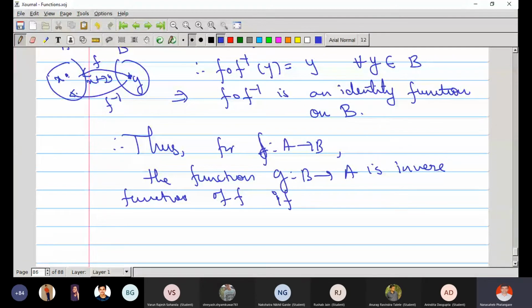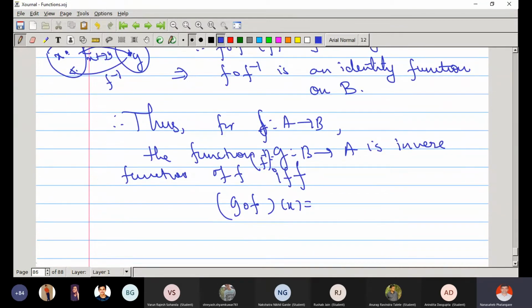G is the inverse of f means G composite f of x, or f inverse, because the notation is whatever. So G is the inverse of f if and only if G composite f of x is x for all x in A, and f composite G of y is equal to y for all y in B. Is it correct? Is what I have written clear?